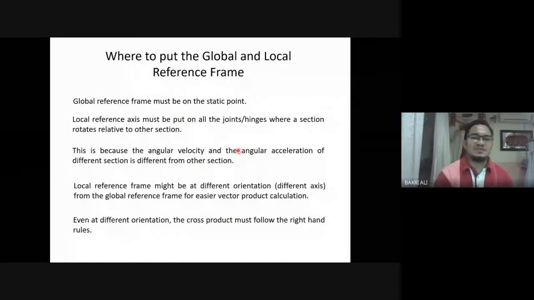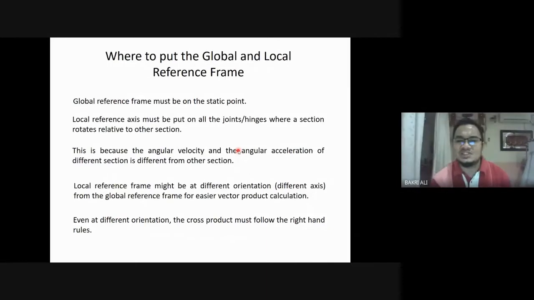Sometimes the local reference frame might be at a different orientation, meaning the axes are not collinear. Then you must be careful, and in that case we need to give different names to the local reference axes.